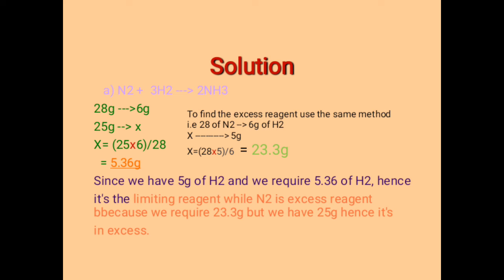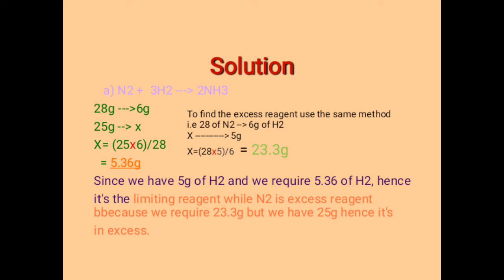To find the excess reagent, use the same method. That is, 28 grams of nitrogen gives us 6 grams of hydrogen. Therefore 5 grams of hydrogen will give us X, whereby X will be equal to 28 times 5 divided by 6, which is 23.3 grams.